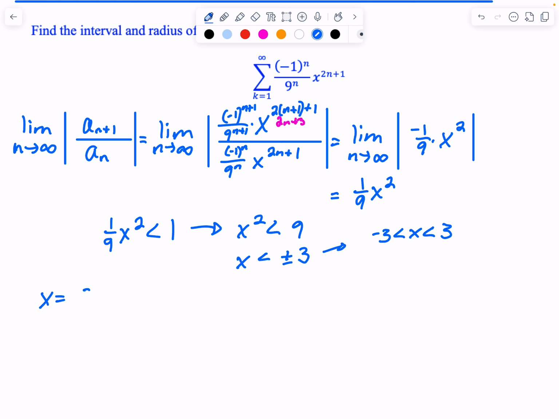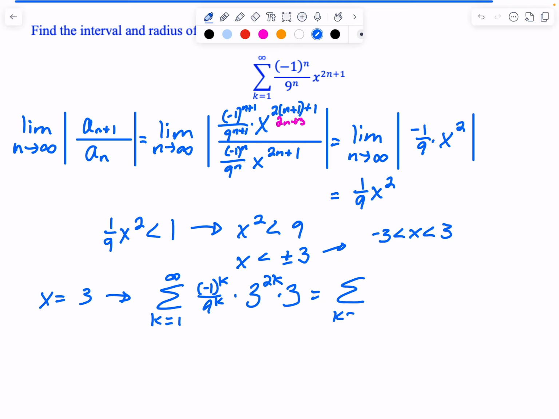So at x equals 3, we have the sum from k equals 1 to infinity of (-1)^k over 9^k times 3^(2k) times 3. Okay, that's plugging in x equals 3. Well, what happens there is, we keep the sum. I'm going to get that (-1)^k over 9^k.